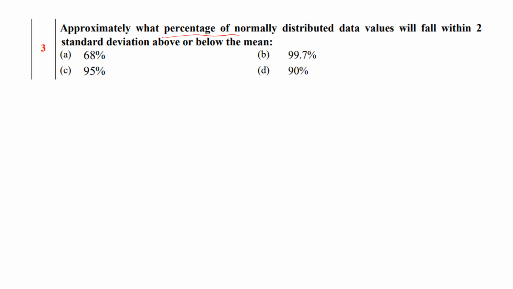Approximately what percentage of normally distributed data values will fall within two standard deviations above or below the mean? This question is asking us about the 68, 95, and 99.7 rule.